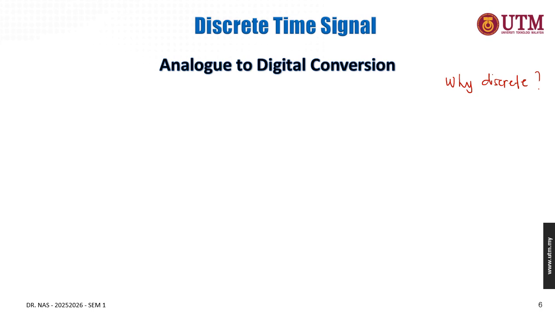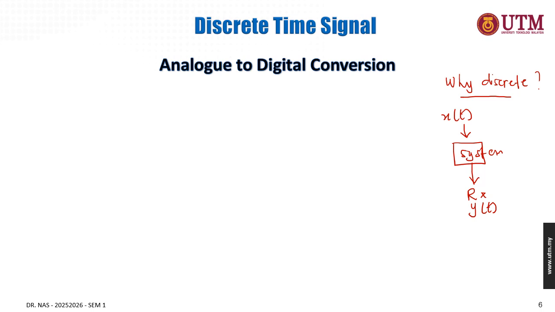Why do we need discrete signal or digital signal? In the earlier system, the input is a continuous time signal, transmitted into a system that processes the continuous time signal and then transmitted to the receiver, and the output y(t) is received. But in the new era, most signals have been digitized.